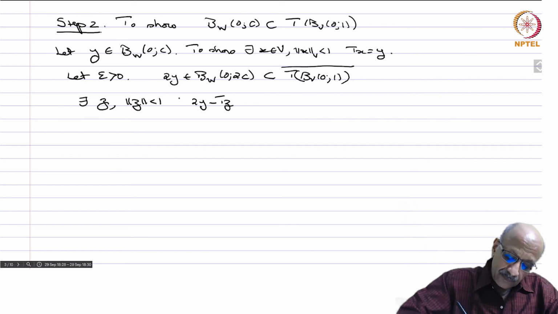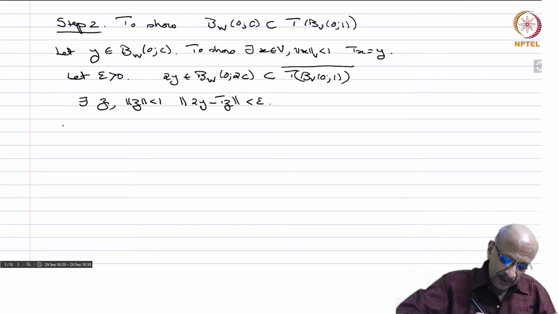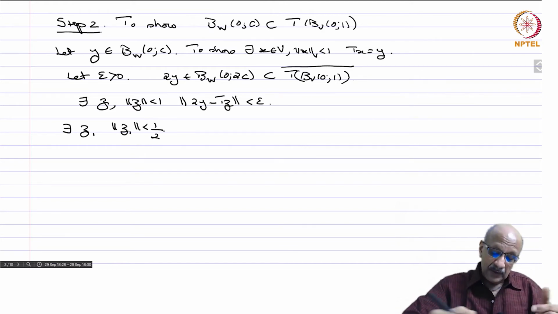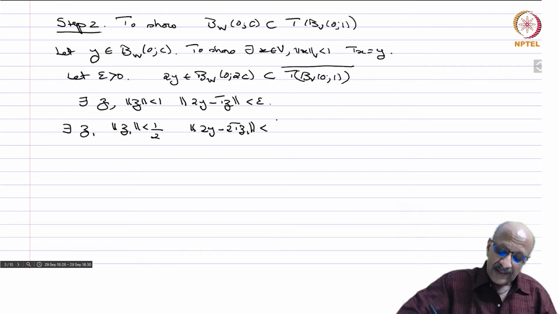Tz is less than epsilon. So from this we say there exists a z1 such that norm z1 is less than half, so that twice that will be in 1, and then norm of 2y minus 2Tz1 is less than any epsilon.